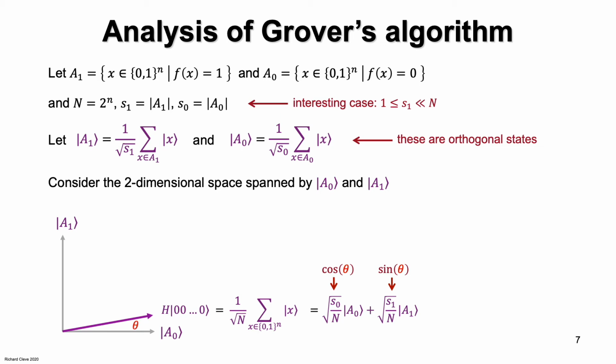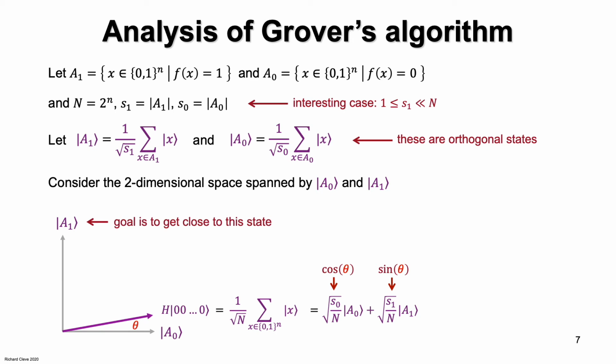Imagine if the system were in state ket A1. Then measuring it in the computational basis would yield a satisfying assignment, a random satisfying assignment. So if we can somehow move the state close to ket A1, then measuring will yield a satisfying assignment with high probability. So a useful goal is to somehow move the state towards ket A1.